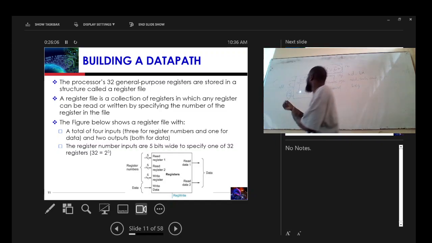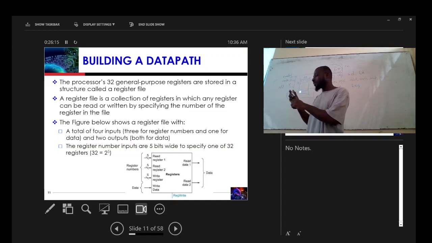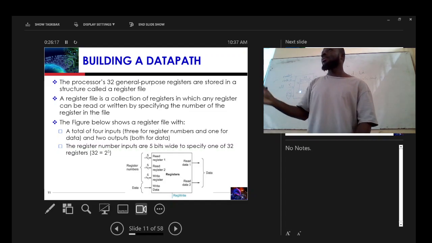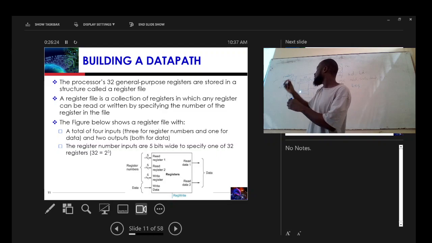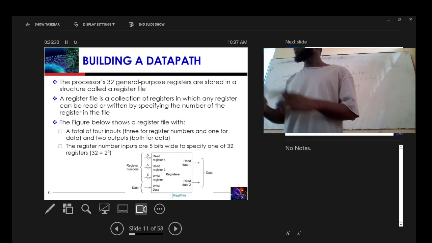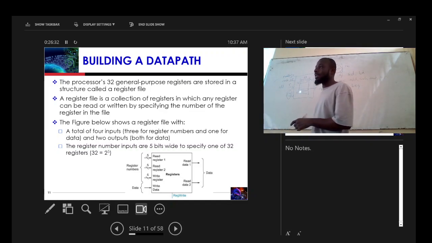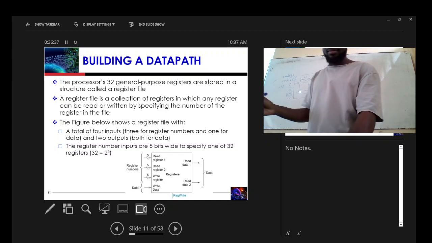That's why you need read address 1 and read address 2, which are 5 bits. You give it read address 1 and read address 2, and then it reads the 64 bits and assigns it to the output port.